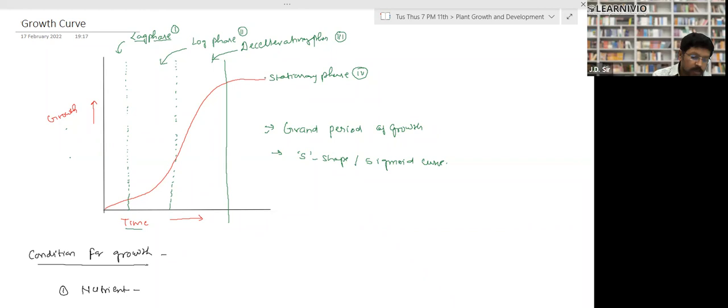Please note down this graph. Note down the growth curve. Note down the diagram.